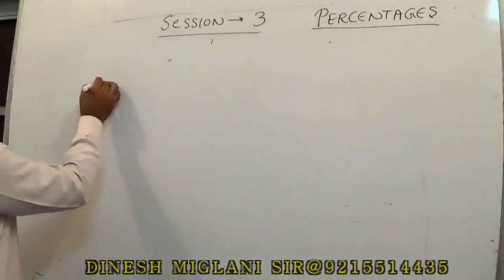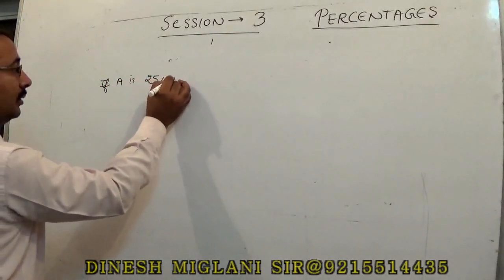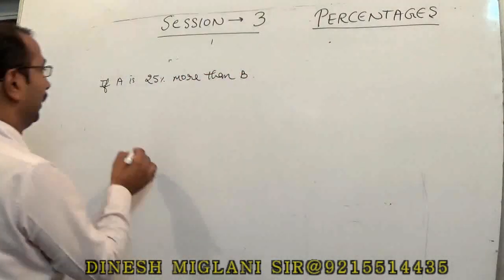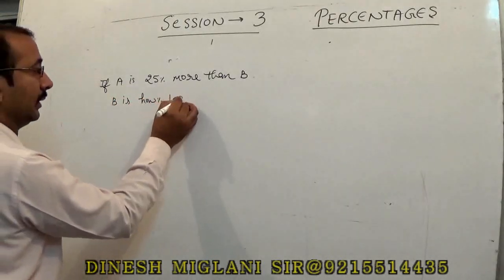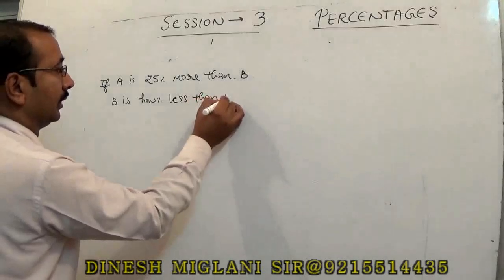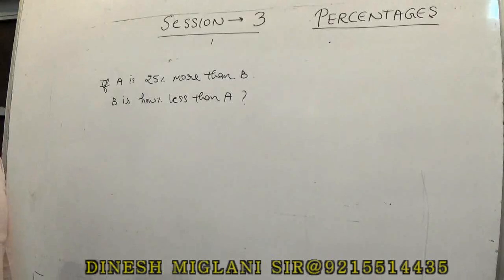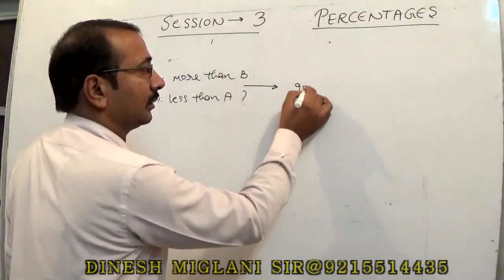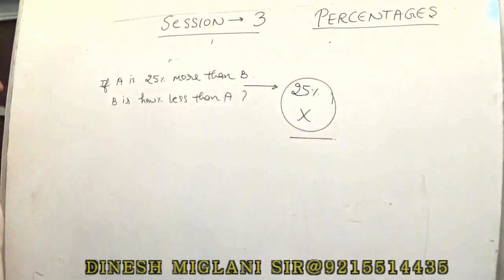It is given to you that A is 25% more than B, and you have to find out B is how much percent less than A. Questions like this, most students answer 25%, but that is always wrong. Why? Just have a look.